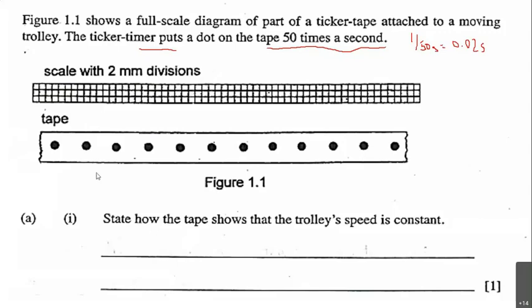Okay? So just looking at the tape now, we're not doing any calculations just yet. I just want to know how the tape shows that the trolley's speed is constant. What can you say?